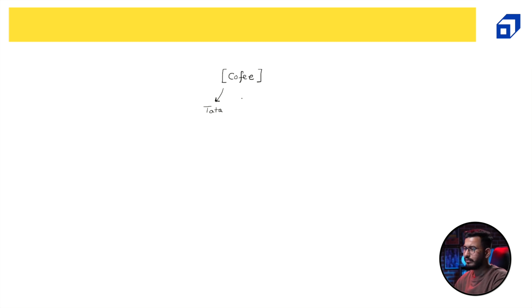You can find coffee from the vendor Brew. Then we have Nescafe. Then we have other brands coming into the picture. So we have multiple brands and we have multiple vendors, those who are basically selling the same core product. So the product over here is coffee.